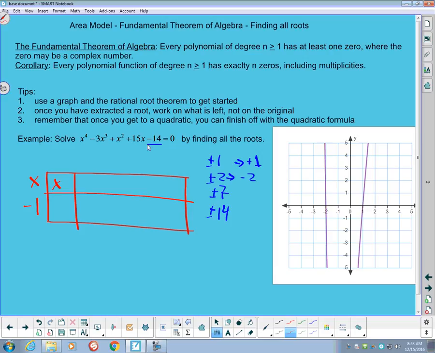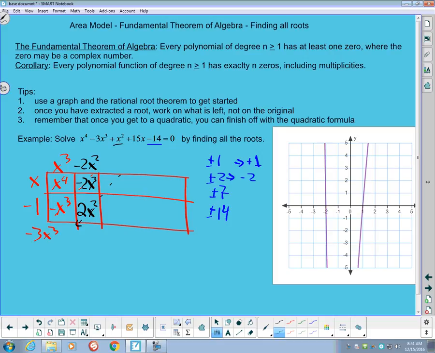The x to the 4th goes in there. That means this is an x cubed, and that's a minus x cubed. And I'm supposed to end up with negative 3 x cubes. So that means I need another negative 2 x cubes here, which would mean this has to be a negative 2x squared, and that would make this a positive 2x squared.